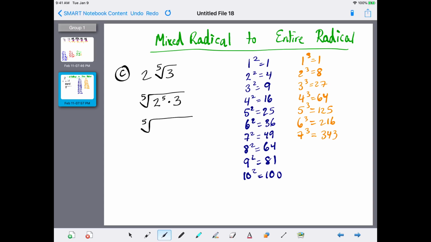And we can simplify that. 2 to the power of 5 is 32 multiplied by 3. And then 32 multiplied by 3 is 96.